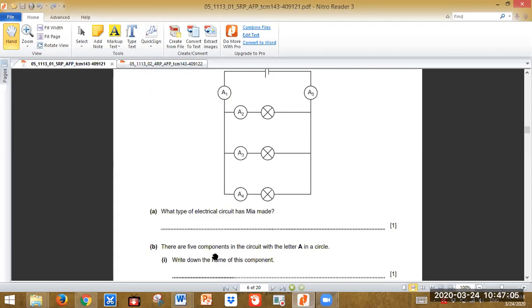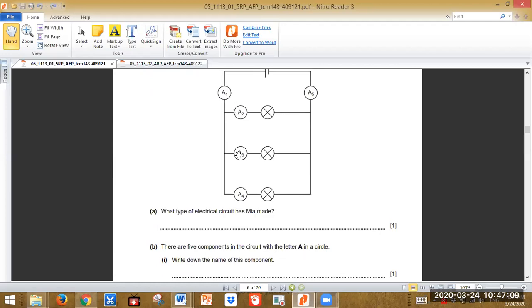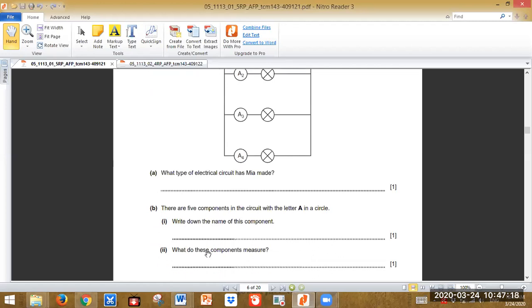There are 5 components in the circuit with the letter A. 1, 2, 3, 4, and also 5. Write down the name of this component. It's an ammeter. What do these components measure? Measure the current, okay? Or the rate of flow of charges, measured in amps, but it's much better to write current.